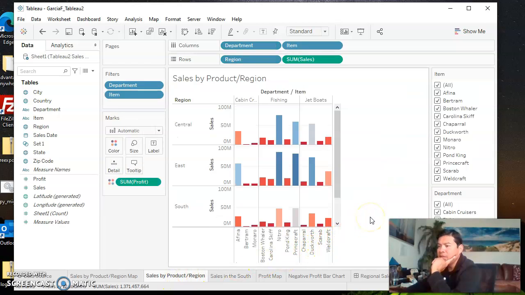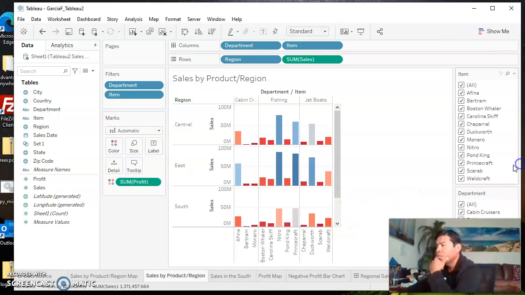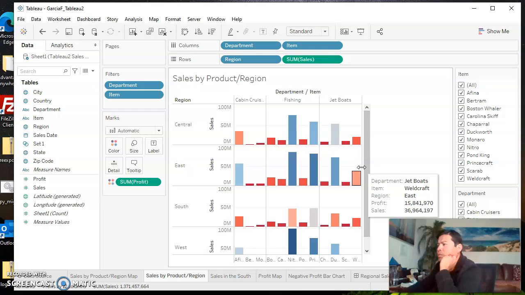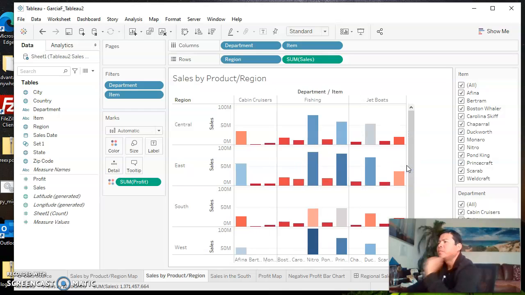So let's go to the next sheet, which shows us the sales by product in the region. So let me enlarge this a little bit. We have here the four regions of the United States, which are central, east, south, and west.